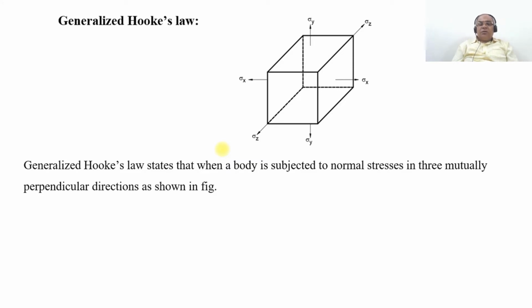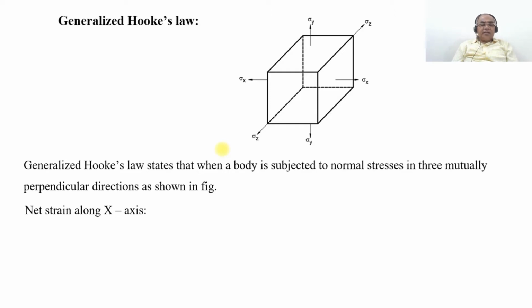The normal stresses are in three mutually perpendicular directions, sigma x, sigma y, and sigma z, which are the stresses applied on the member along x, y, z. So what is the net strain along x direction?